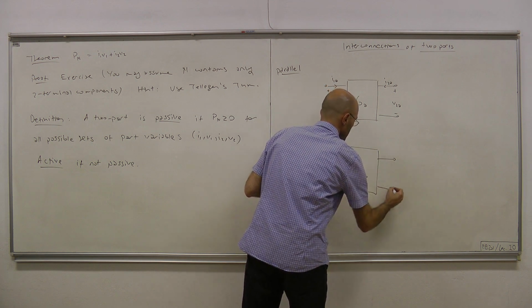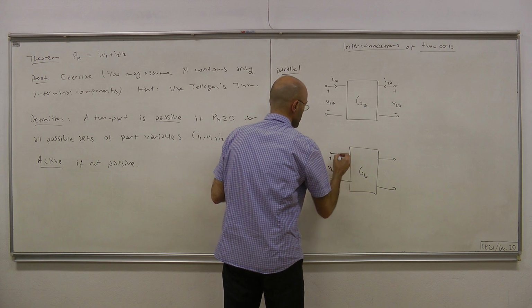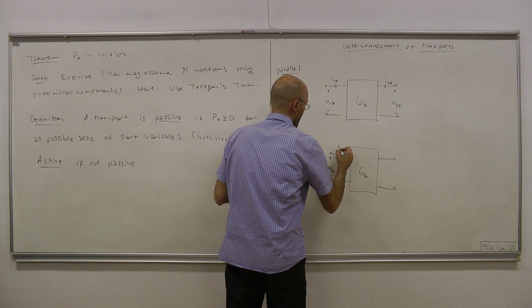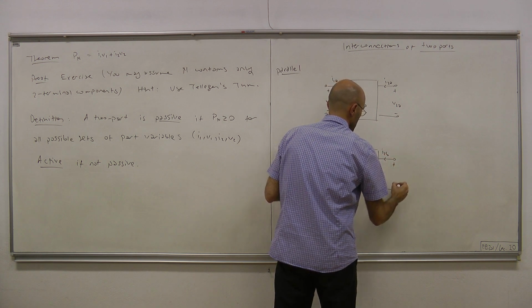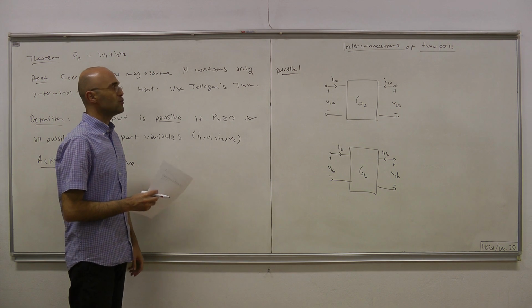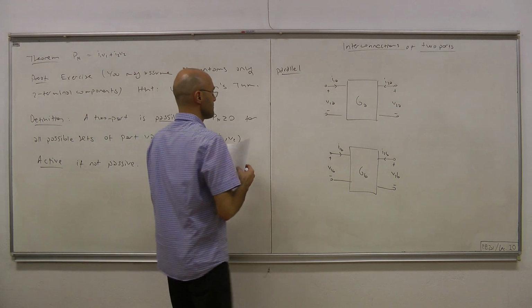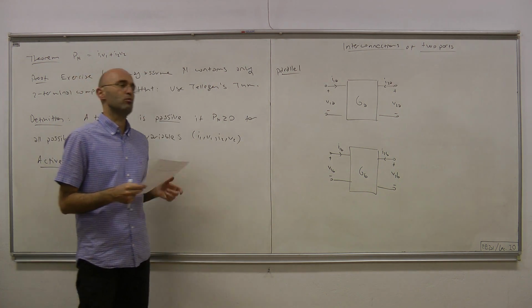Let's call it 2 port B, and voltage and current are labeled as V1B, I1B, I2B, V2B.